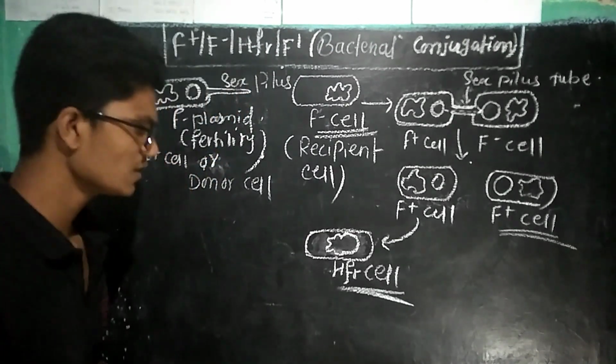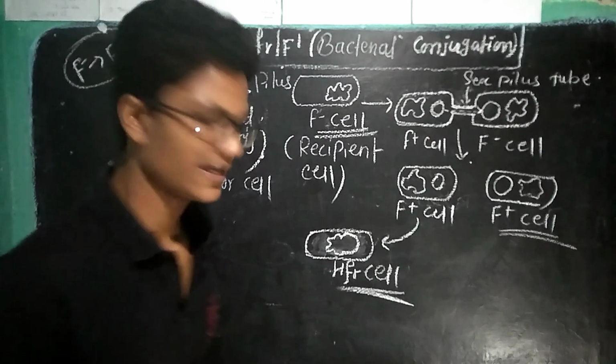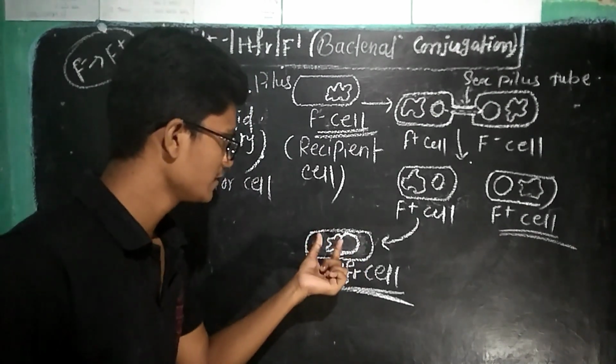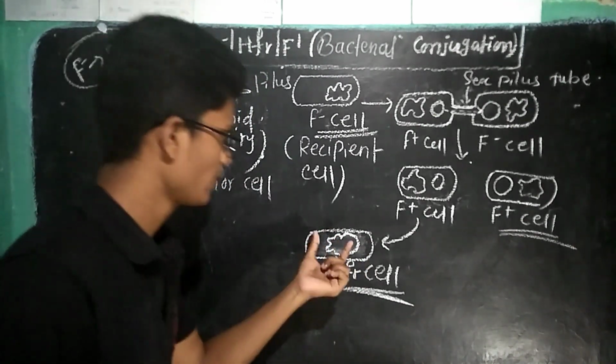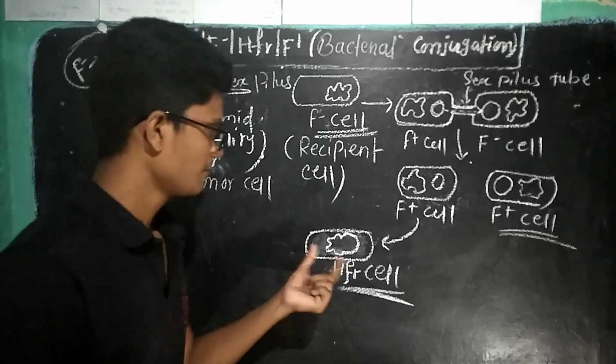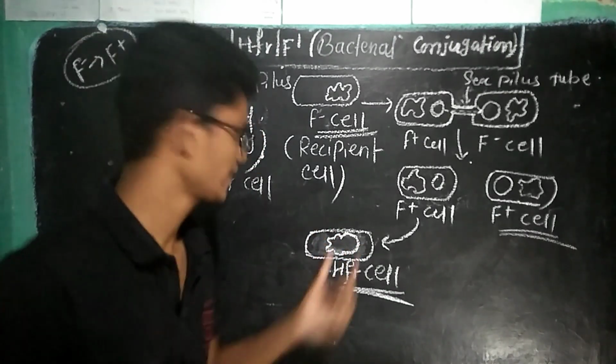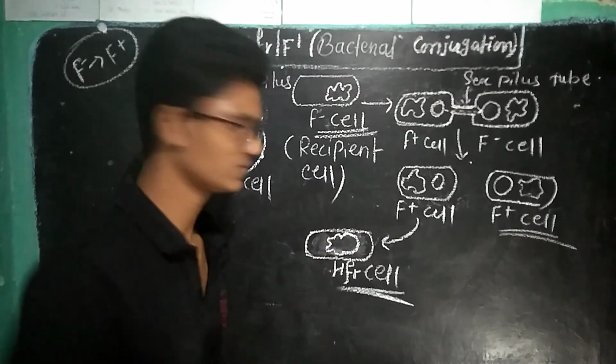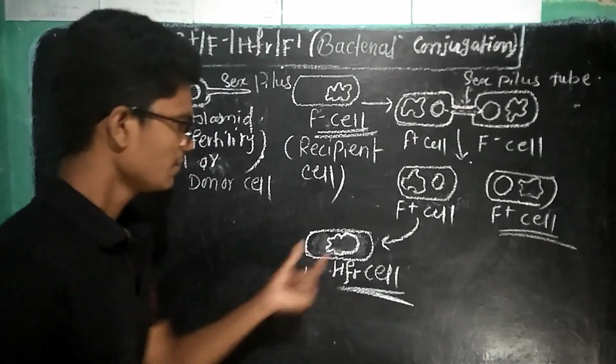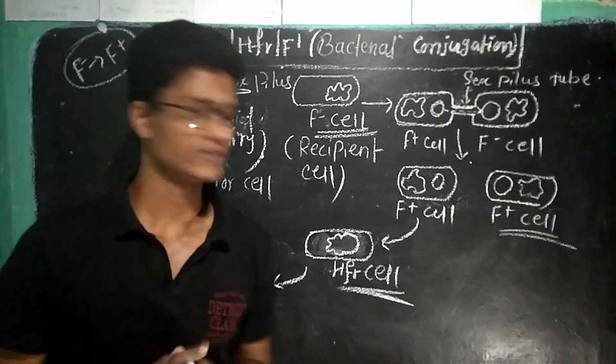Okay. Now after some time, the plasmid and bacterial chromosome which formed the complex, the plasmid tries to excise from this bacterial chromosome, tries to separate from the bacterial chromosome. But this is a strong complex, we know that.